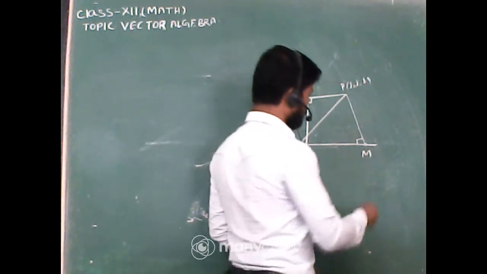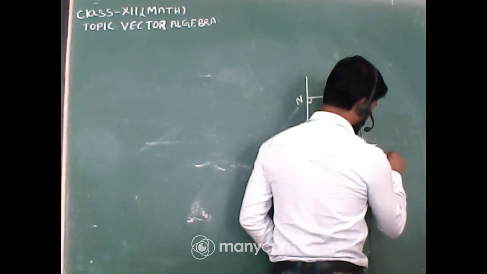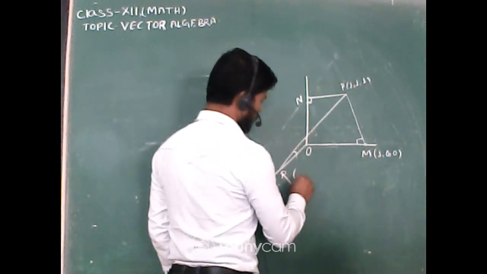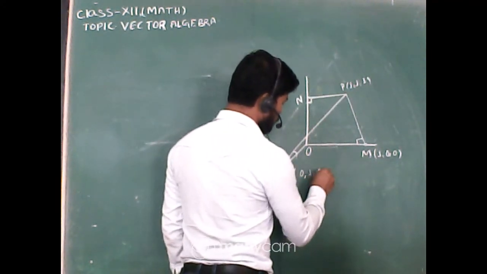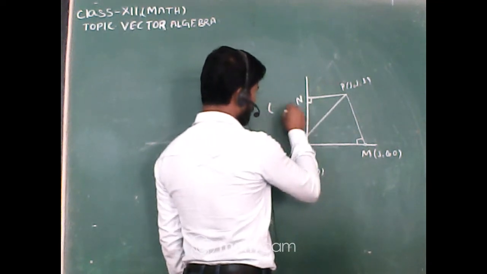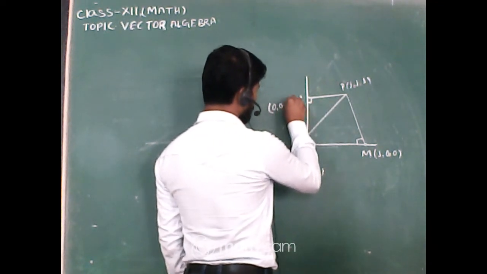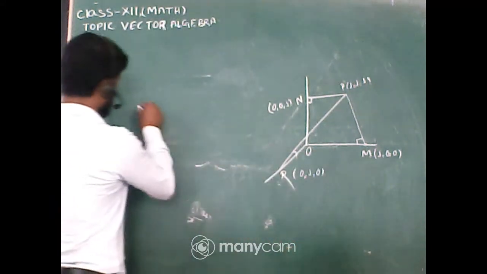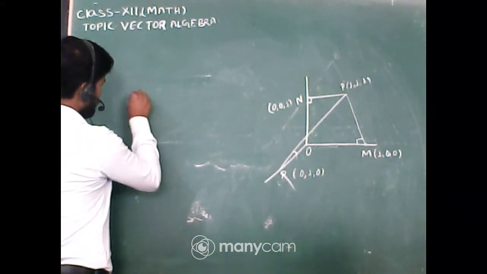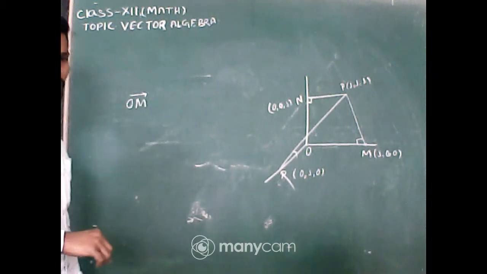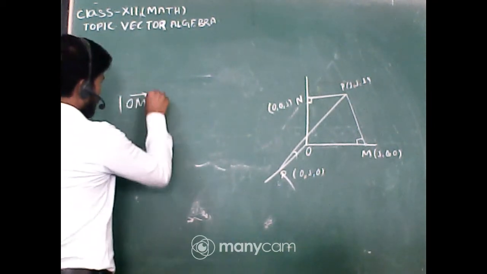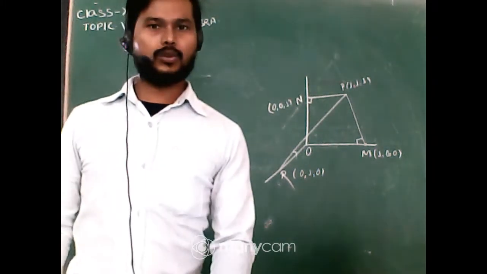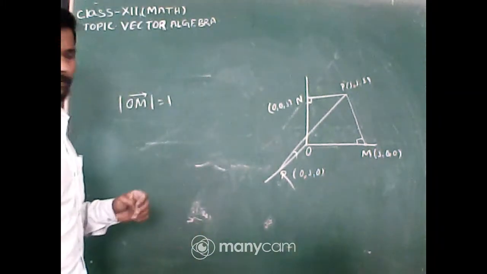The coordinates of point M will be 1, 0, 0. The coordinates of R will be 0, 1, 0, and the coordinates of N will be 0, 0, 1. Now if I consider the vector OM, this is a vector whose magnitude is equal to 1.